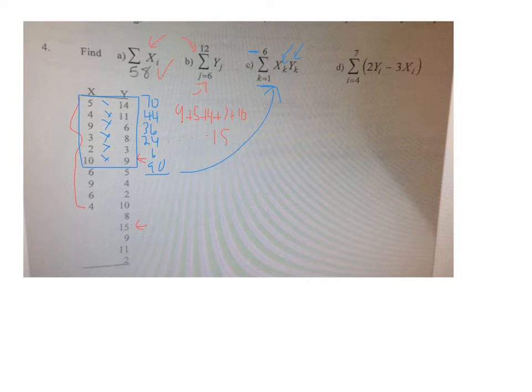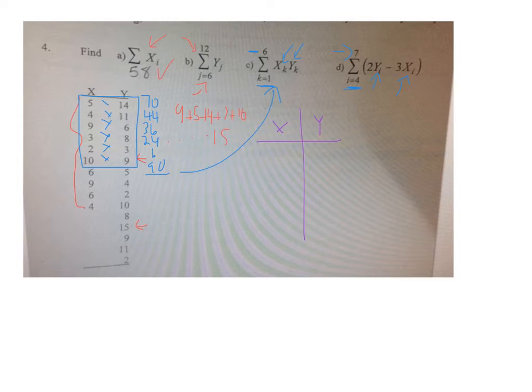So for D, what they're asking is for you to start at the 4th term, end at the 7th term, and take 2 times the y value and 3 times the x value and subtract them. I think probably the best way to approach that is to make a new chart.